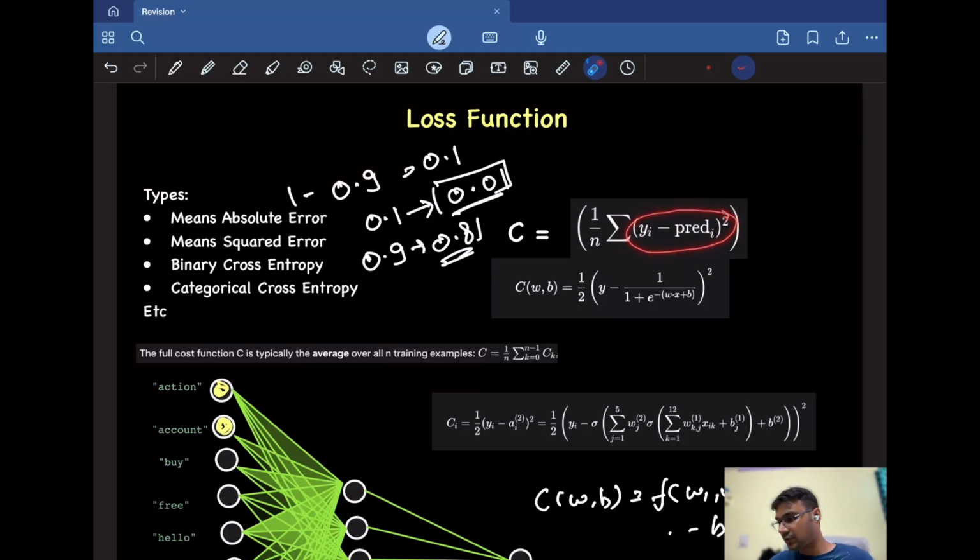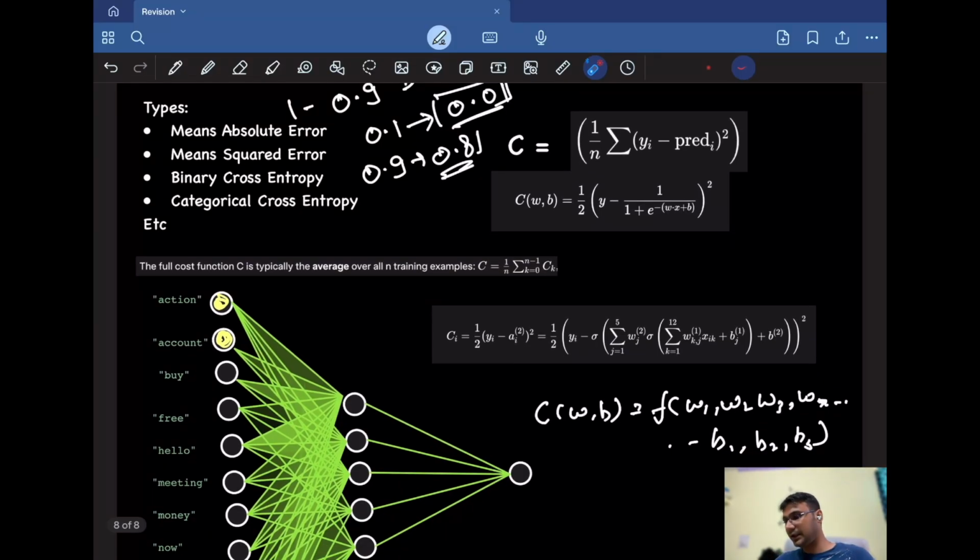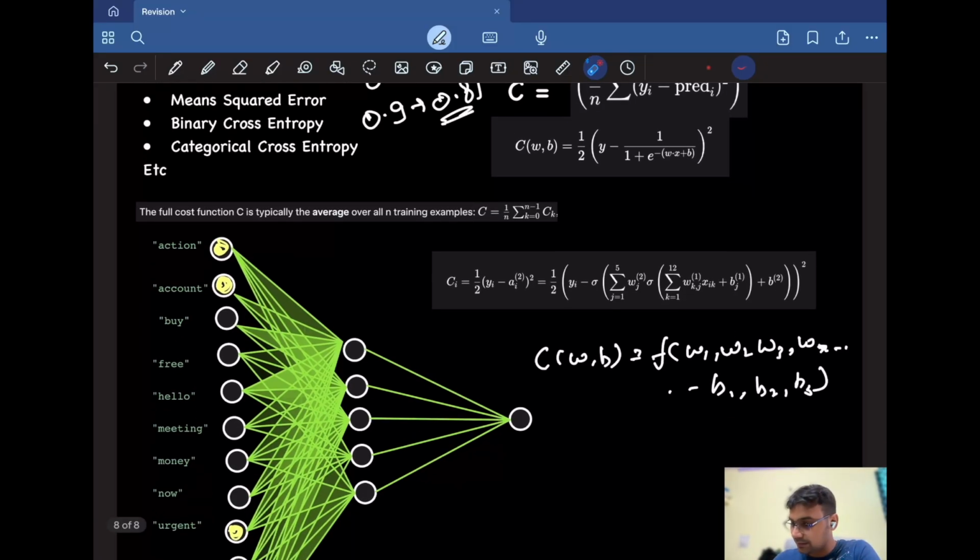The loss function we have seen is taken not for a single example, but as the average over all the examples that we are feeding to the network, because a single example may have a proper result due to some probability.